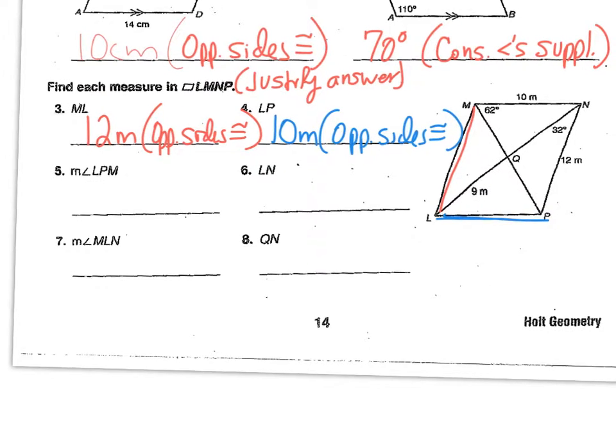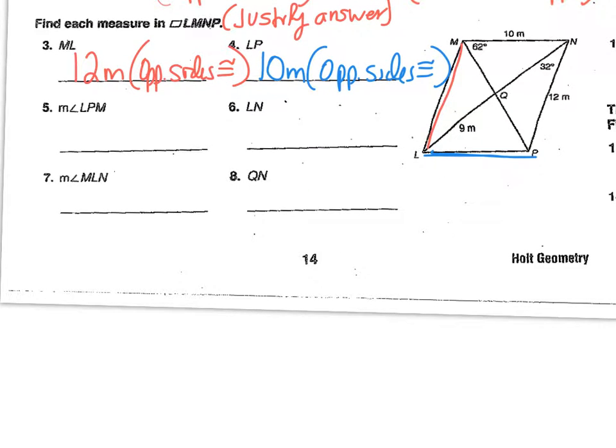What about the measurement of angle LMP? Okay, L, P, and M. That is 62. You're right. That is 62 degrees. And why? How come that's 62 degrees?